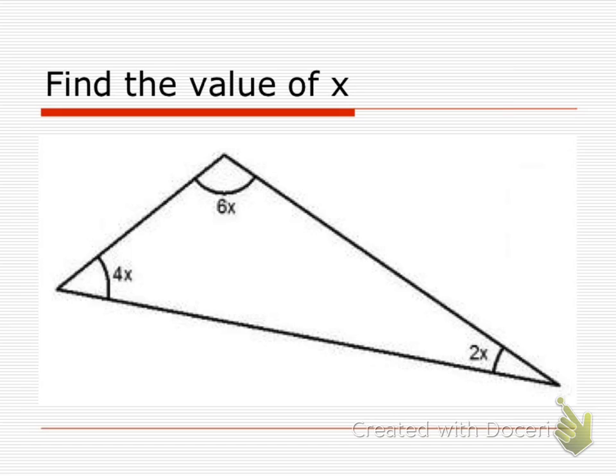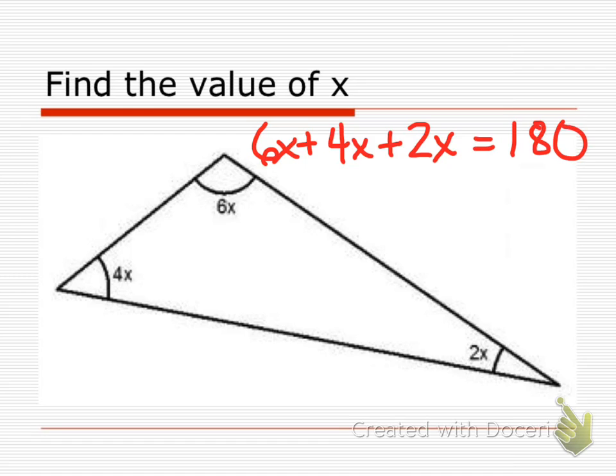One more example. Find the value of x. Knowing that all measures of the inside angles have to equal 180, we have an equation that is 6x plus 4x plus 2x equals 180. The like terms are all three of these, so we would add the coefficients to get 12x equals 180.